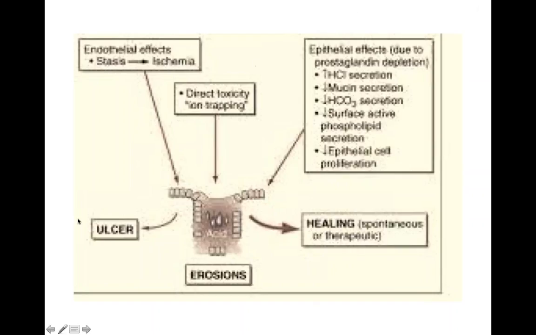Either direct toxicity, like we give the patient aspirin or any other NSAID, it will cause direct damage to the mucosa of the stomach, so the patient will have symptoms, abdominal pain. Or they cause prostaglandin inhibition. So there are two mechanisms basically, like two pathways.